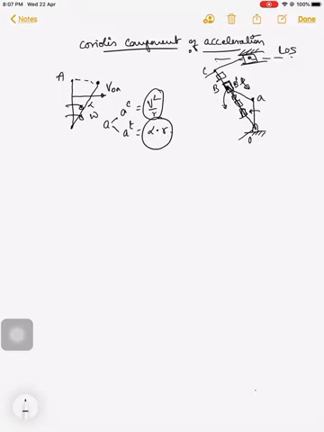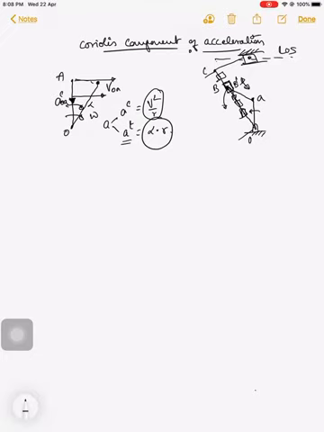When we come to the directions, the centripetal acceleration always acts towards the point of rotation. So this is the directional vector for acceleration, that is towards the center of rotation. Now the tangential acceleration will be in a direction perpendicular to the link.